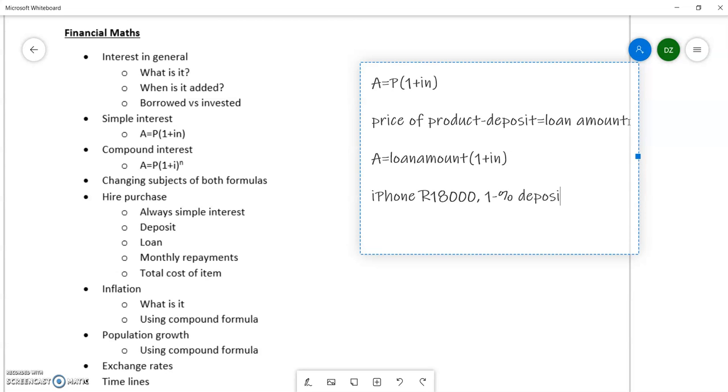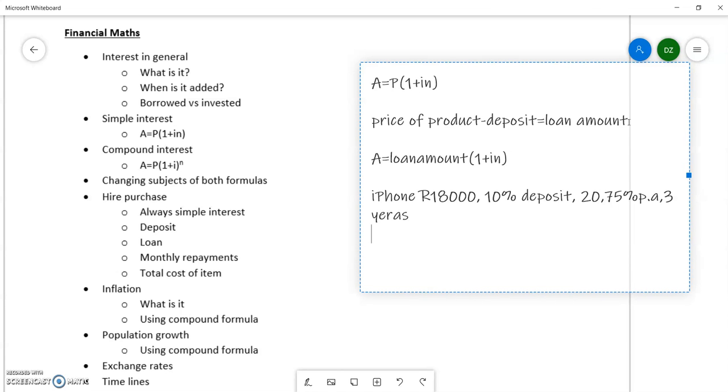I'm doing an example anyway, because I do find it is the best, but generally we would deal with all hire purchases in the same way we're dealing with this one. And then they tell you, let's say 20.75% per annum interest. And let's say the typical amount of 3 years.